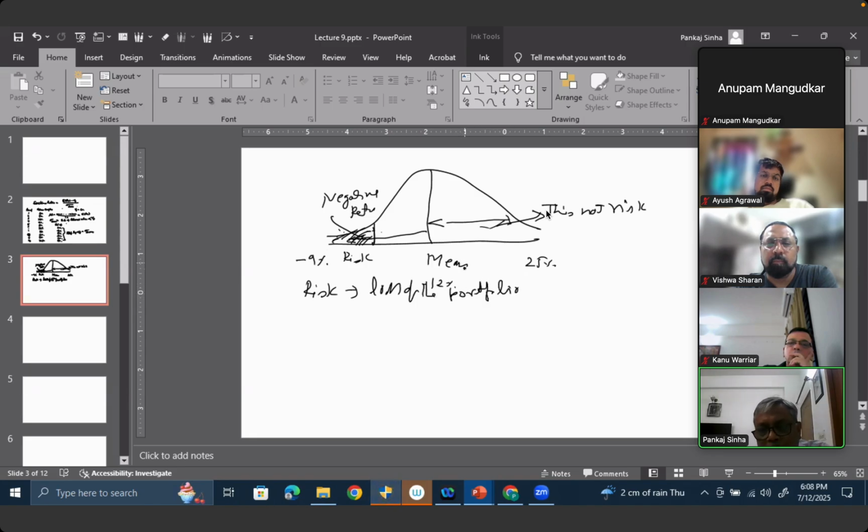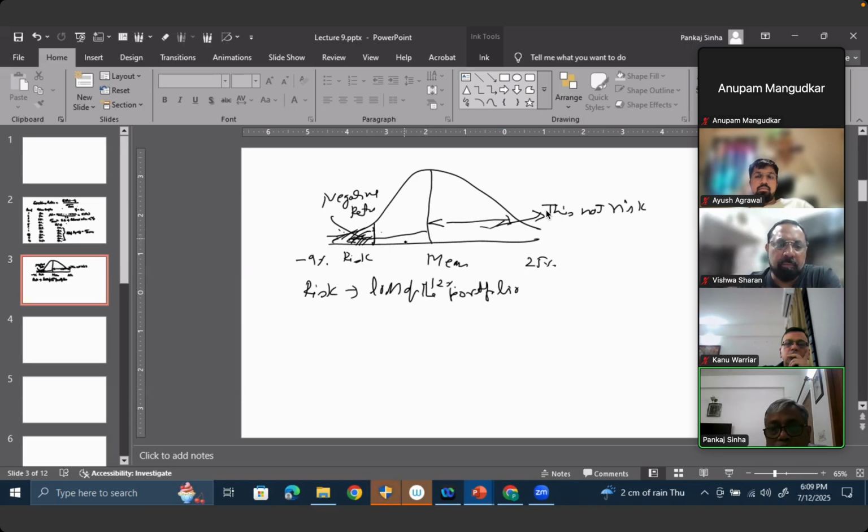So if I have constructed a portfolio of 1 crore and it becomes 10 lakhs, my risk is 90 lakhs. And if my portfolio gives a higher return and goes from 1 crore to 3 crore, this is not risk. So risk is the downside.